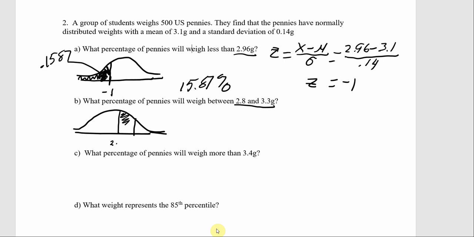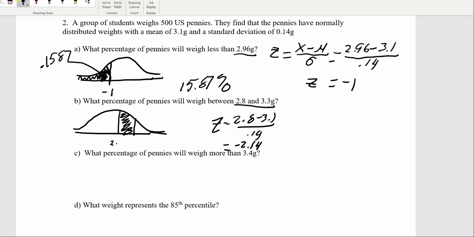But we want to find the area now between these two. So my z-score for 2.8 is going to be 2.8 minus 3.1 divided by 0.14, and that's going to give me -2.14. I thought I was above the mean. No, 2.8 is below the mean. Okay, that makes sense.